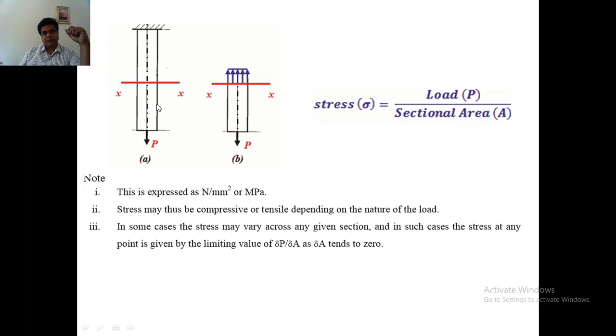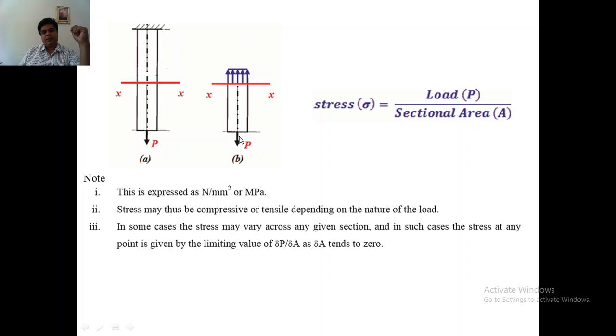If we take the cross section of the material along XX, you can see that when you apply the load P, there will be a reactional force acting in the material. That means the material will try to resist the load applied.